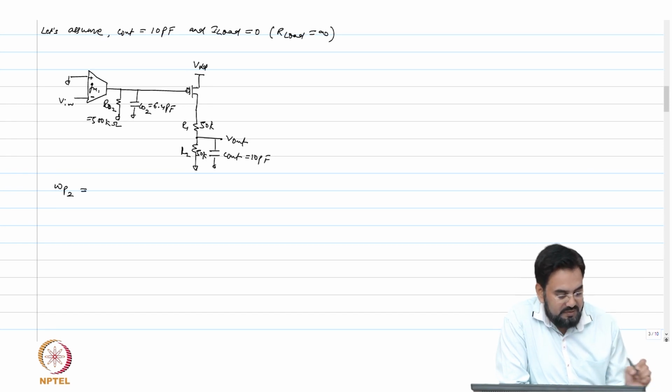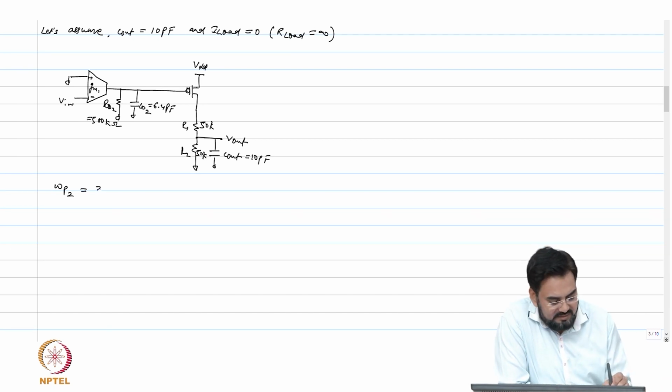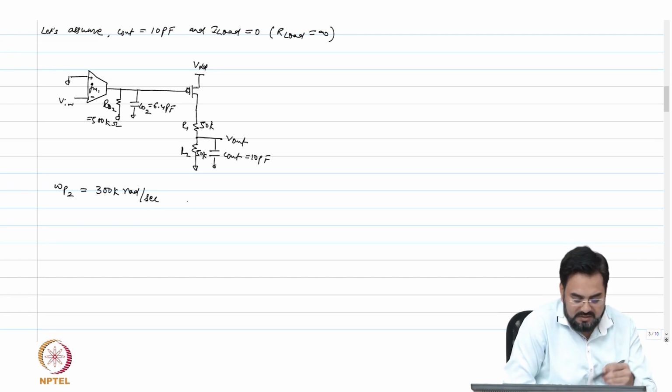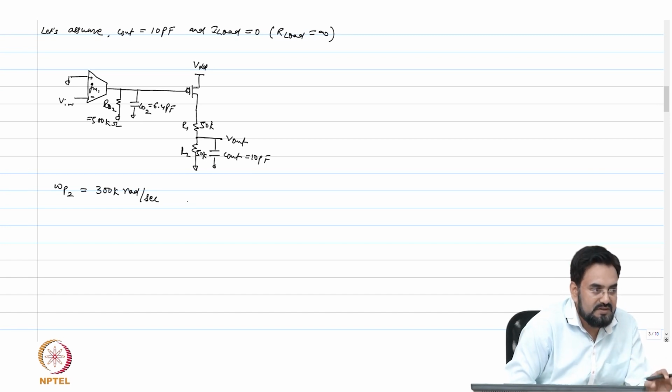So omega P2 equal to, what was the value? 300 kiloradian. So one thing you need to remember: if you change the load, which changes your output resistance, omega P2 will not get affected, only the output pole will get affected.